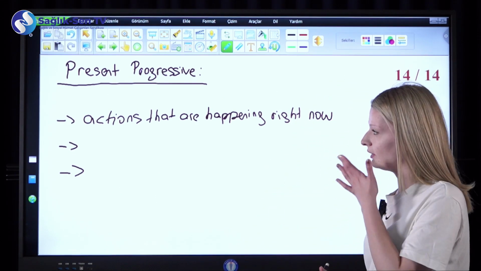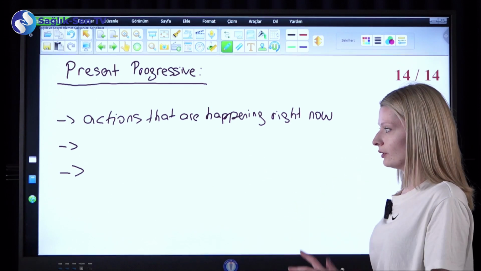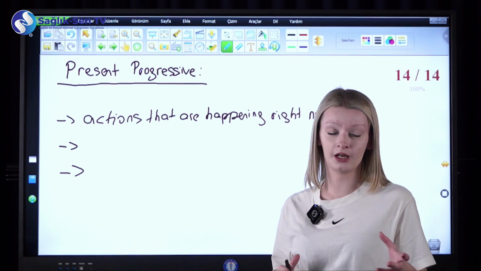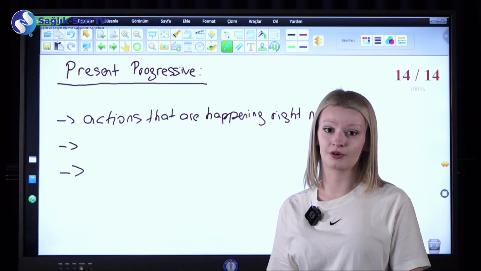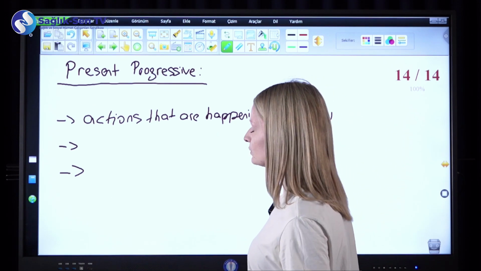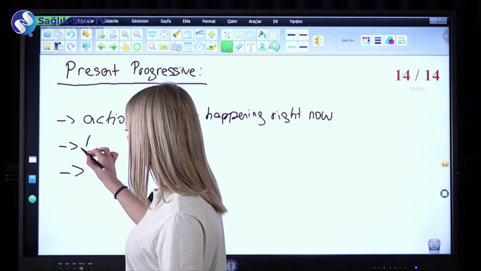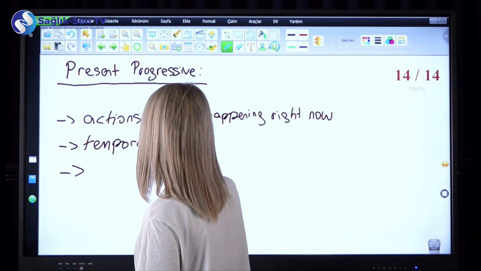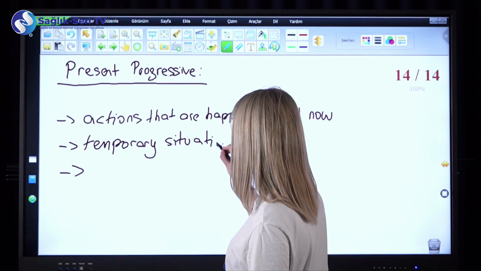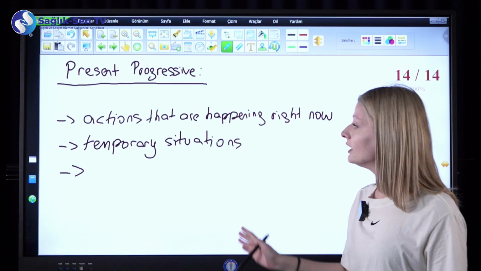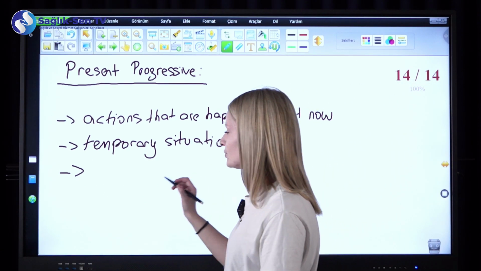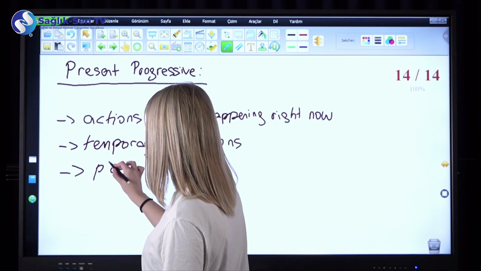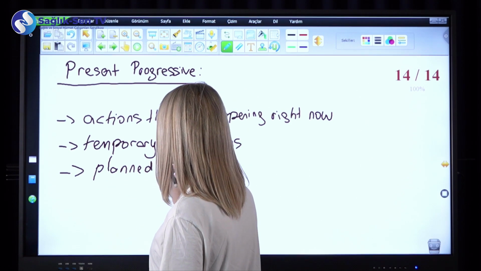This is the main reason why we use present progressive, but there are also other categories we use present progressive with. The second one is temporary situations or actions. And the last one is, we're talking about planned future.